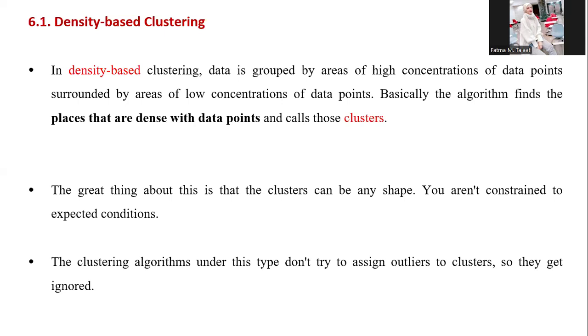Basically, the algorithm finds the places that are dense with data points and calls those clusters. The great thing about this is that the clusters can be any shape. You aren't constrained to expected conditions. The clustering algorithms under this type don't try to assign outliers to clusters, so they get ignored.